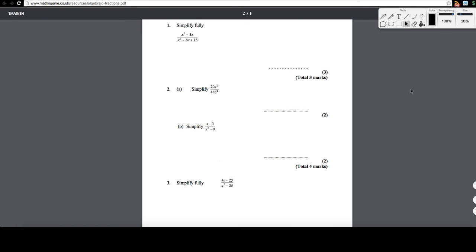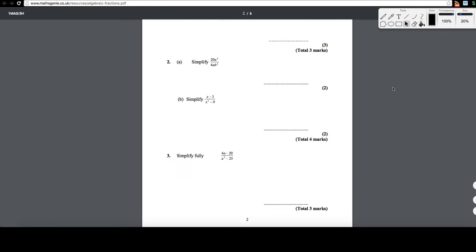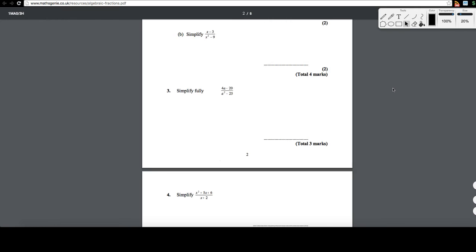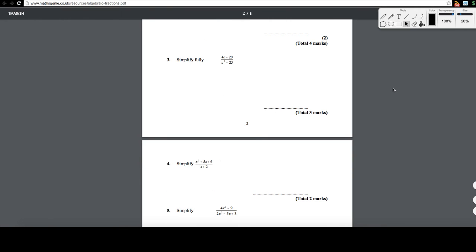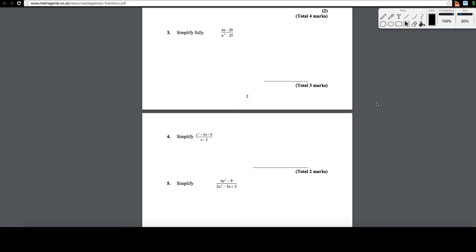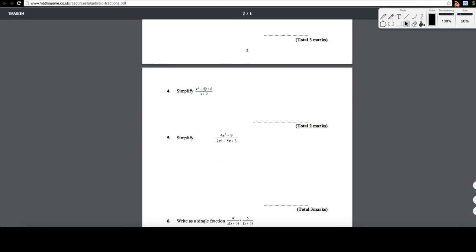Moving on, we're going to quickly look over one more question, which is harder because it's not harder, it's pretty much the same. We're going to skip these. This would be x plus 2 and x plus 3, and that over x plus 2 is basically the other way round, and that would cancel out the x plus 2 and the x plus 2.